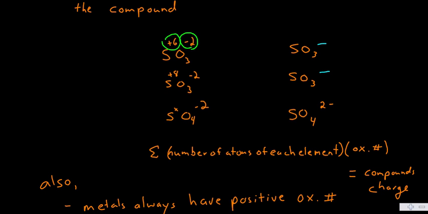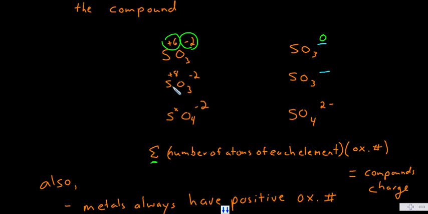And the equation is the summation of the oxidation numbers, i.e., the summation of the number of atoms of each element times its oxidation number. It all adds up to the compound's overall charge. So add up the sulfur's +6 with 3 -2s, so +6 and -6. That gives an overall charge of 0. So that's just sulfur trioxide.